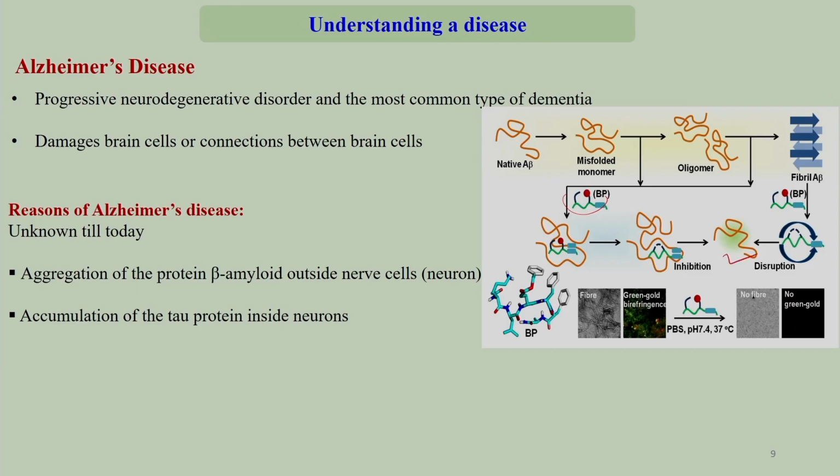So, here inhibition of aggregation keeps the native structure intact. This is the native structure. And in this figure you can see the fiber formation of the beta amyloid peptide, and you use a certain dye to see that it shows green color wherever the fiber is.